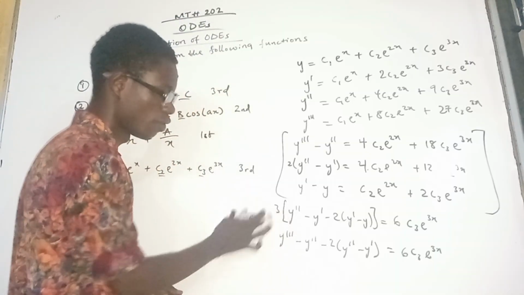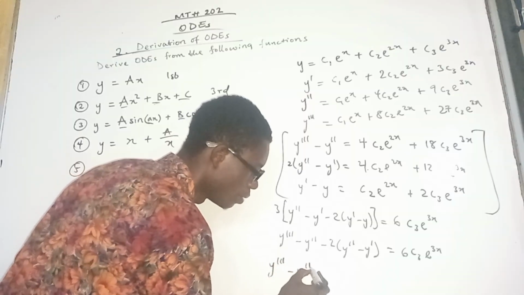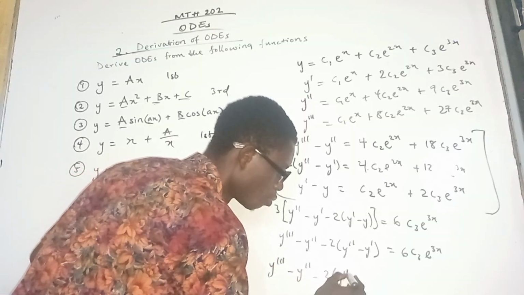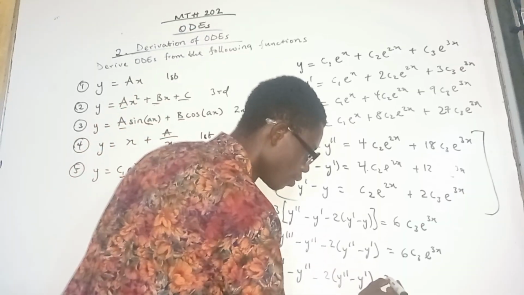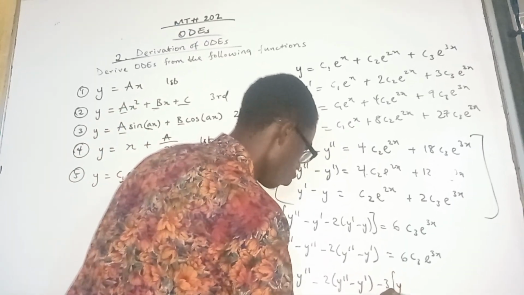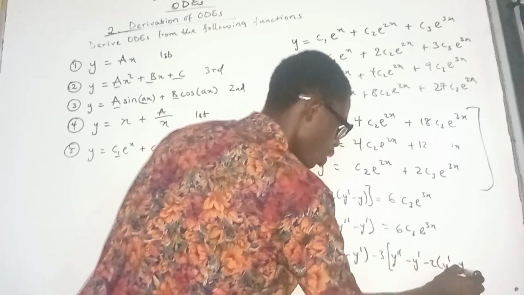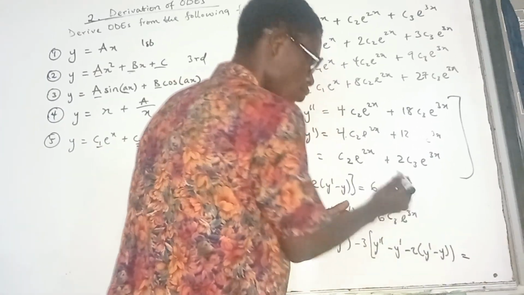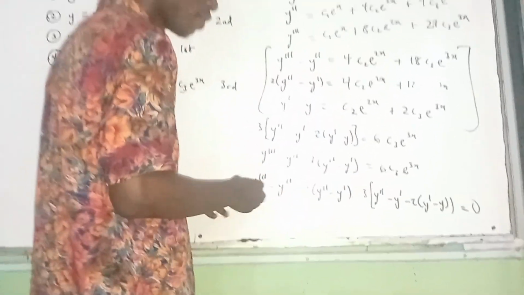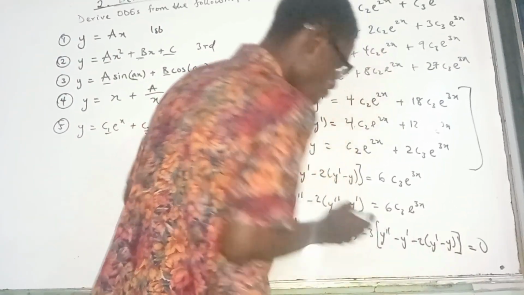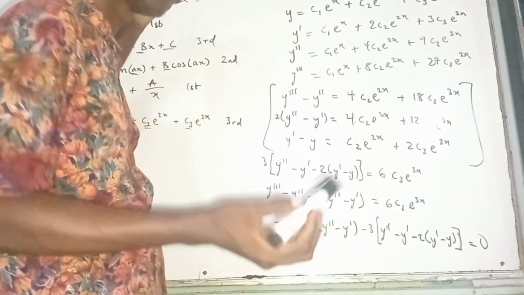So I'm going to have something like y triple prime minus y double prime minus 2 into bracket y double prime minus y prime, all this one minus this, minus 3 y double prime minus y prime minus 2 into bracket y prime minus y equals to basically 0, right? So after everything now, I've been able to eliminate all the constants within this ODE, right?